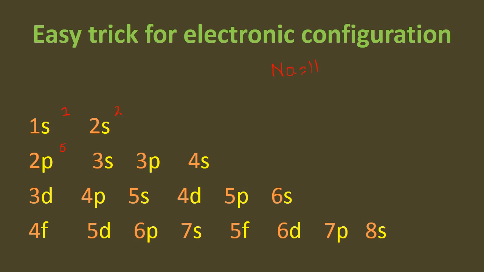Now let me count them. It will be 2 plus 2, 4 plus 6, 10. Now 1 is left behind and it will come into the next subshell because the P subshell cannot accommodate more than 6 electrons. So it will come into the S subshell. In this way, we can accommodate electrons in subshells.